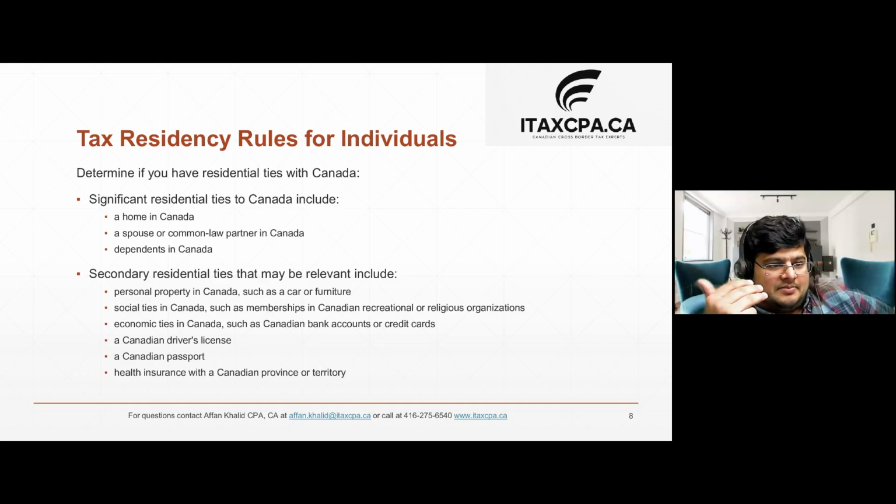Secondary ties become relevant after the primary ties. This is having a car, furniture, or social ties, memberships in Canadian gyms and so on. Economic ties, like working in Canada, having a bank account, credit card, driver's license, have a lot of importance. Having a Canadian passport, or even health insurance, matters, as CRA has some of its own administrative policies.